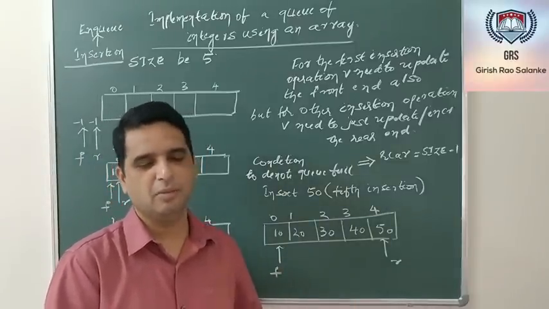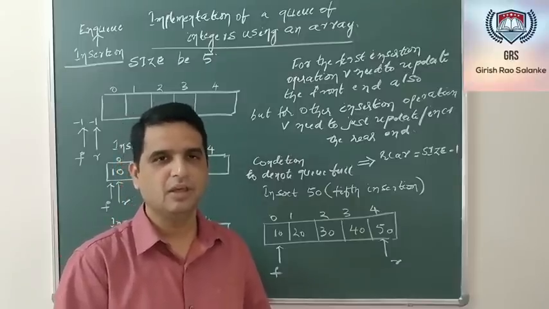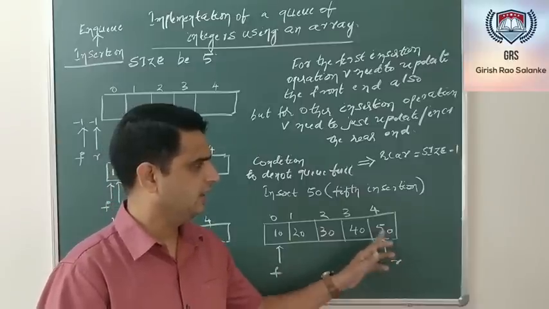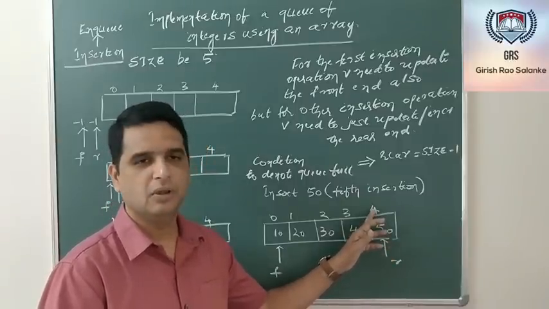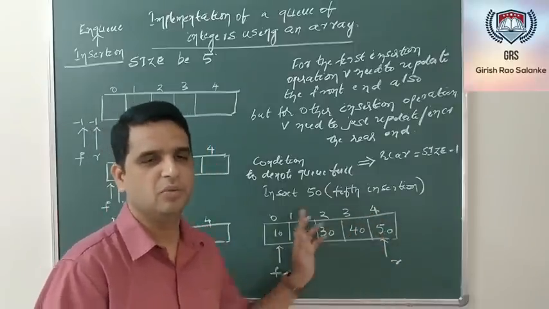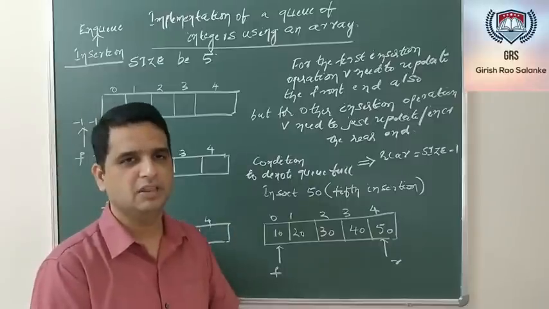So before inserting any element onto the queue, the first and foremost important thing is we are always supposed to check whether the rear end is pointing to size minus 1 or not. If the rear end is pointing to size minus 1, then it implies the queue is full. If not, I can perform the insertion operation. How to perform the insertion operation?